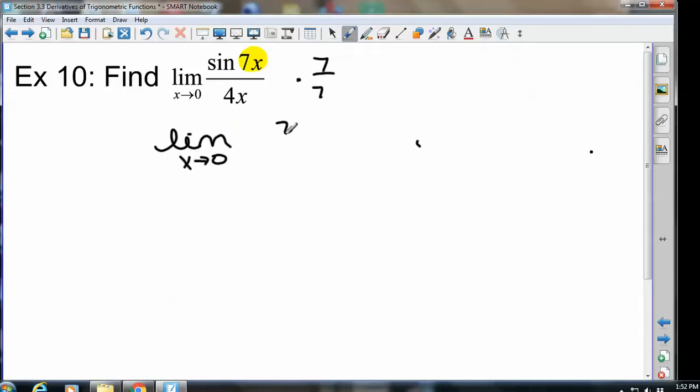Now, what I have right now, I'm going to write it like this. That 7 would go out in front on top. On the bottom I have 4 times the x times the 7, so I'm going to rewrite it like this. I'm going to separate out this stuff I don't want, the 7/4.